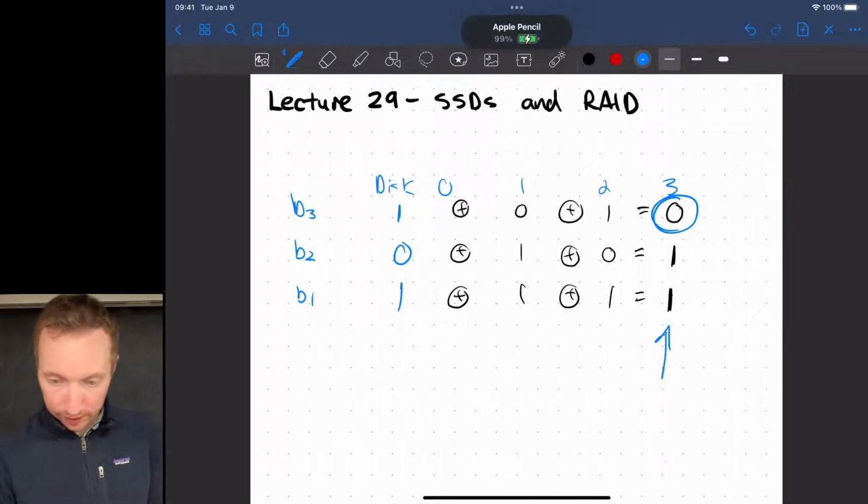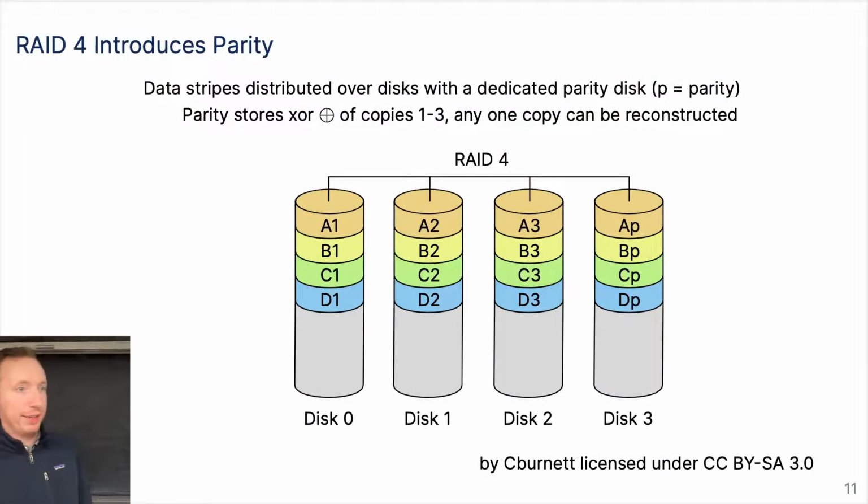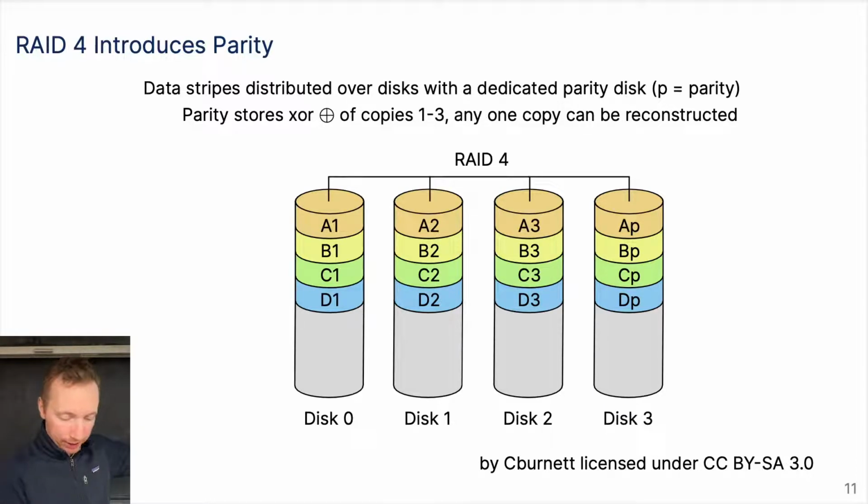All right, so that is the idea behind the parity calculation. But as we discussed, this is not great, because if you modify anything on any of the disks, even if I only modify A1 on disk 0, B2 on disk 1, and C3 on disk 2, 1 block on each of those disks corresponds to having to update the parity information on disk 3, so it's going to do 3 times the number of writes as the other one.